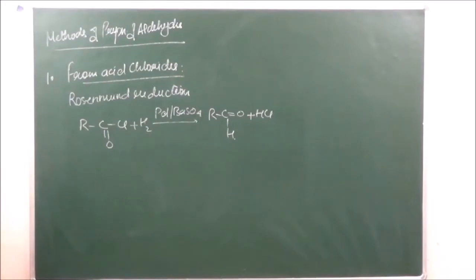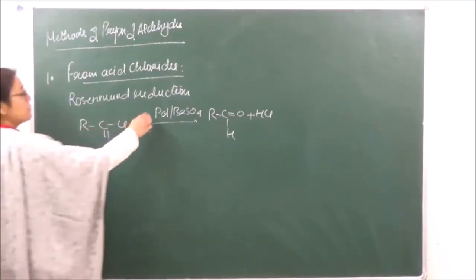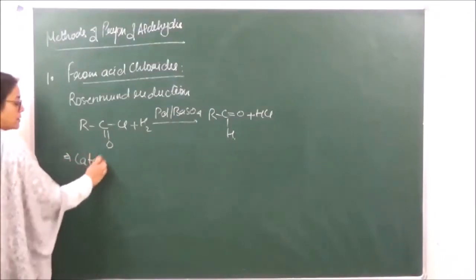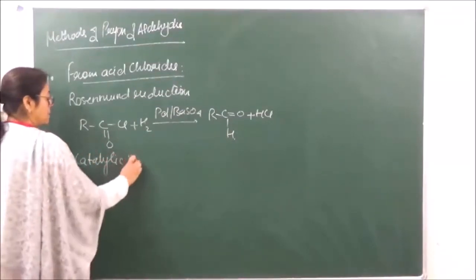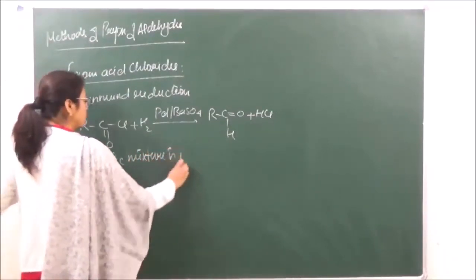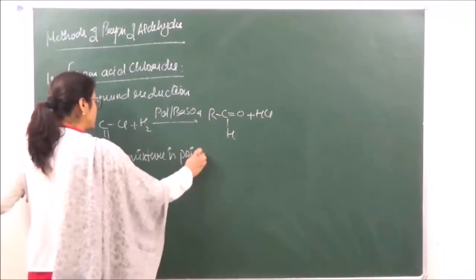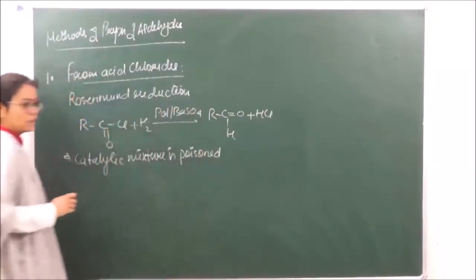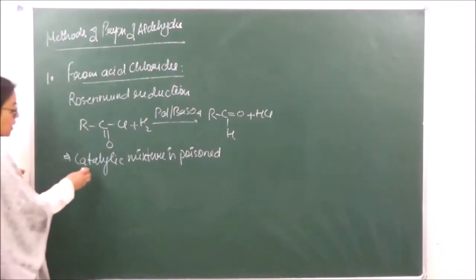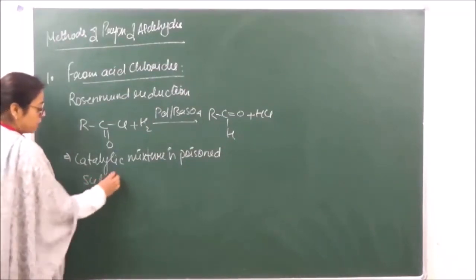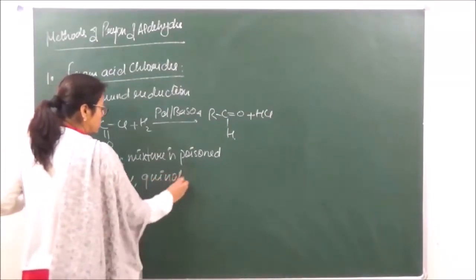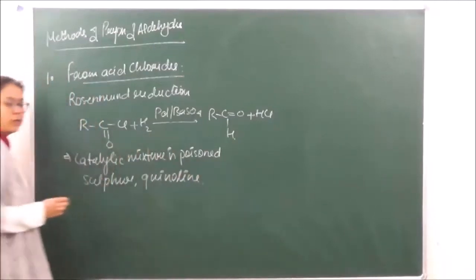Now the catalytic mixture is palladium and barium sulfate. This catalytic mixture is poisoned, right? It is poisoned by addition of either a small amount of sulfur or a small amount of quinoline.